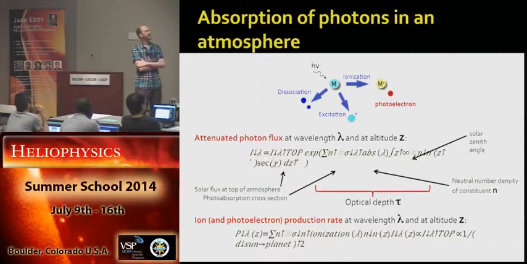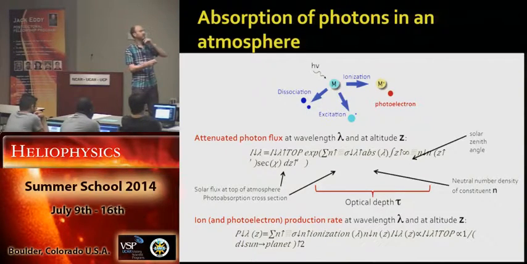But yeah, this is the attenuation of solar photon flux. It's fairly simple anyway. Basically, the photon flux at the top of the atmosphere is a certain amount of photons per square centimeter per second, and they're going to be removed as some of the photons are absorbed on their way down into the atmosphere. And they're going to be removed at some rate that is exponential of the optical depth. The optical depth is just the photoabsorption cross-section times the integral of the column depth, basically.